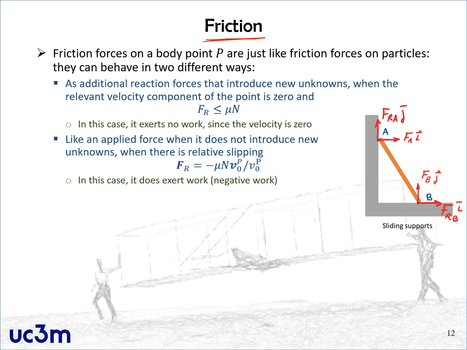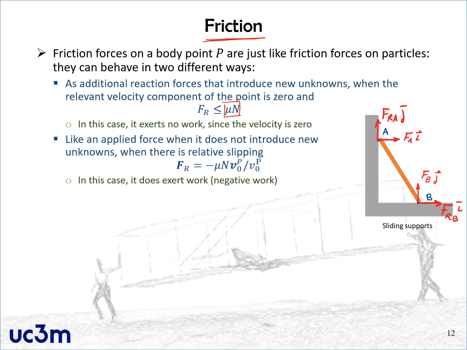The first one is when the friction force is below the maximum value given by mu times N, where N is the normal force. So when the magnitude of the friction force is below this value, we don't know exactly how much it is and in which direction it's pointing, and we have to treat it as an extra unknown. This is the case where the friction is a reaction force.